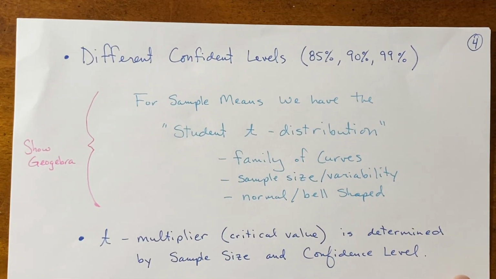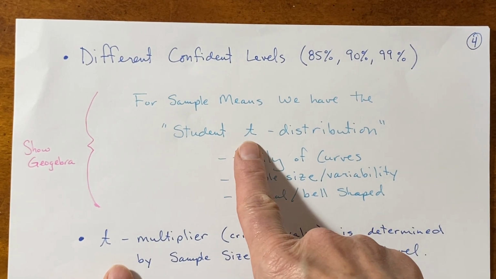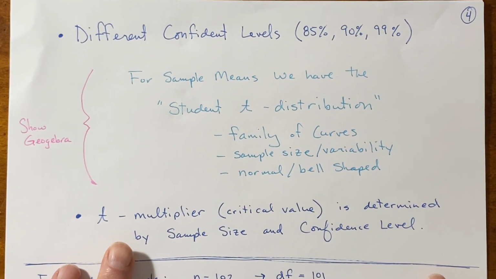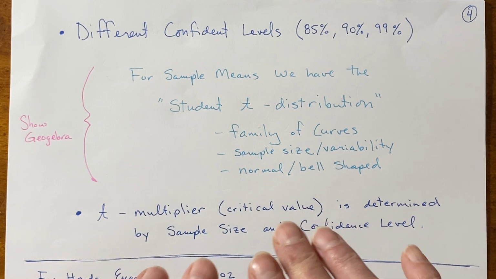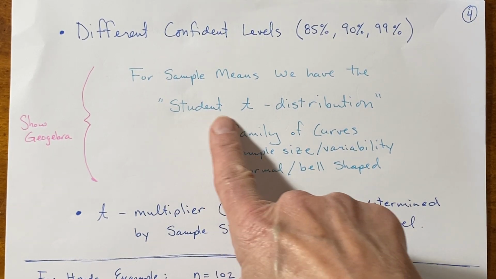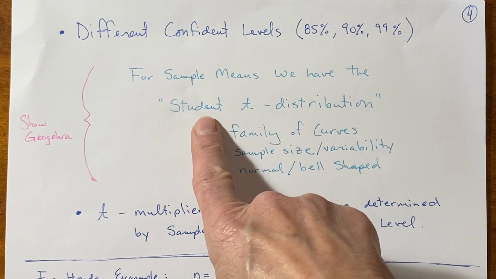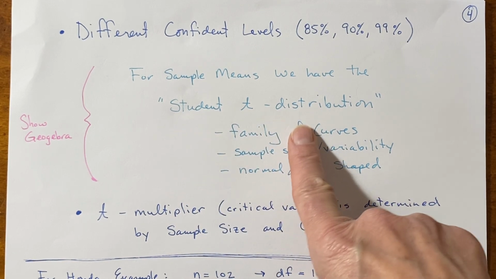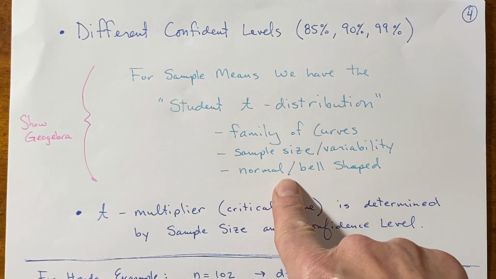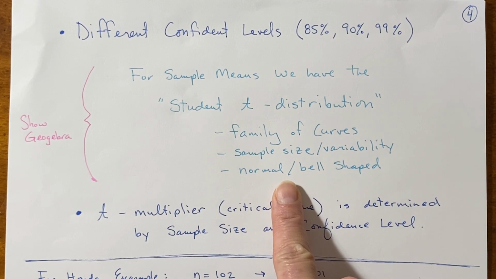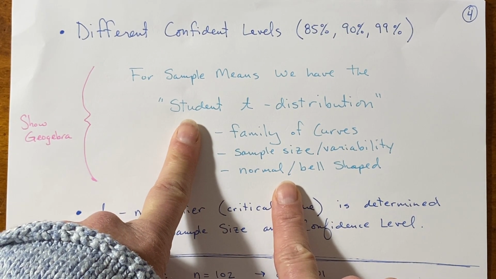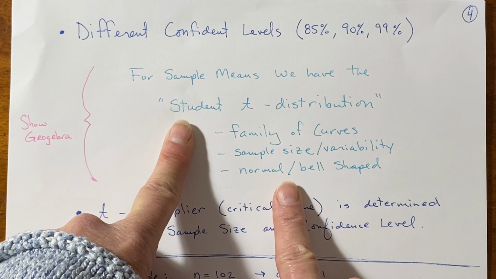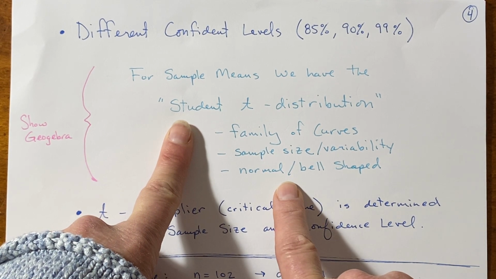Okay, now let's talk more about this T multiplier. We mentioned before about a T distribution. It's called the student T distribution because the person that created it and studied it and used it and shared it with the statistical world worked for Guinness Brewery, and they did not want him to publish under his name because they did not want to be associated with it.